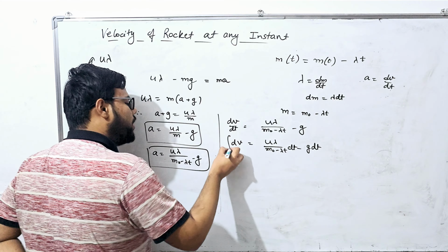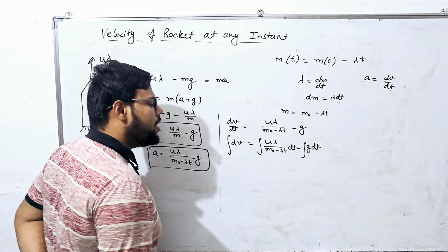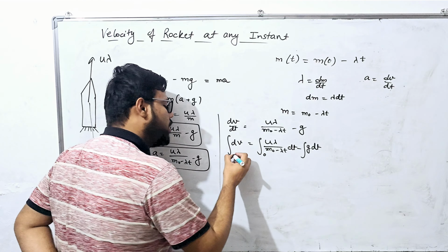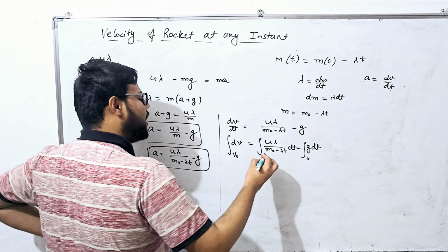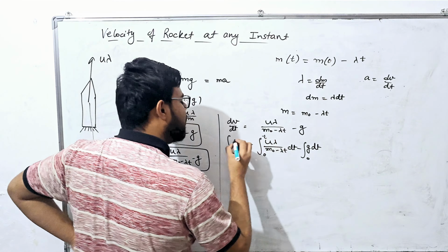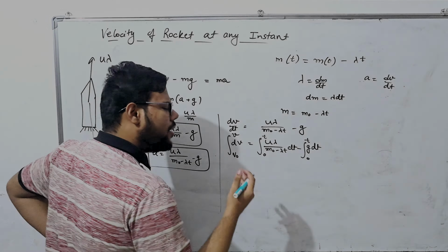Let's integrate this expression. At t equal to 0, the velocity will be the initial velocity, let's assume v0. And when time is equal to t, the velocity is, suppose, v. Now let's integrate this.